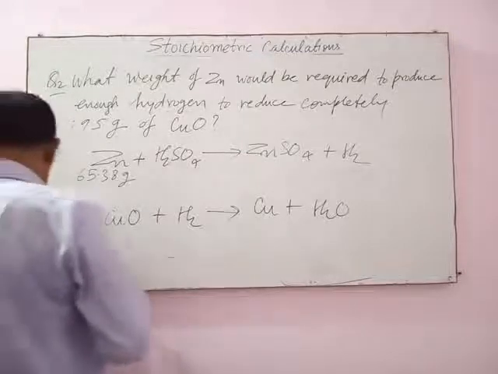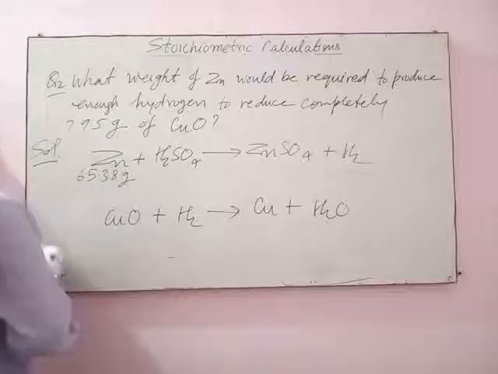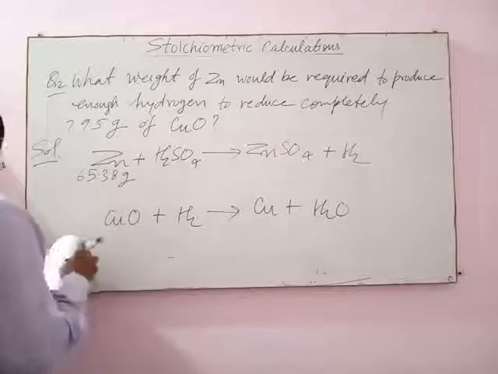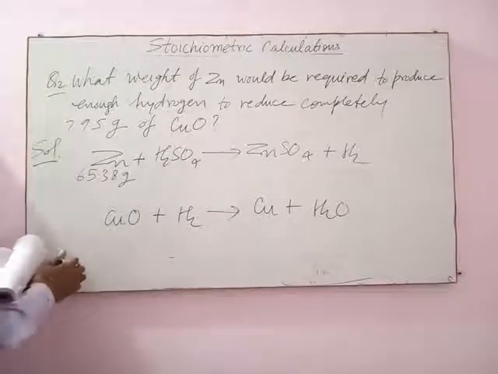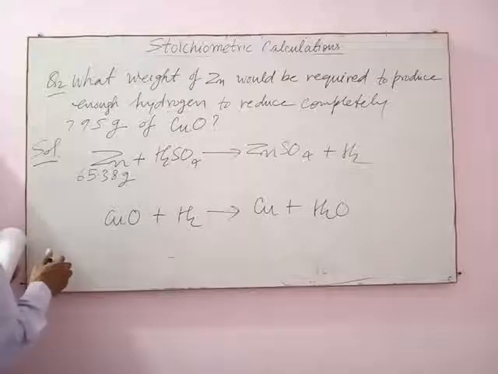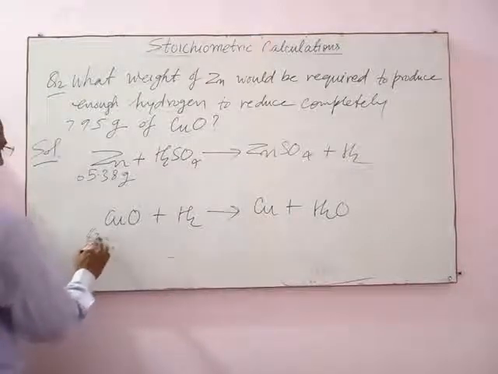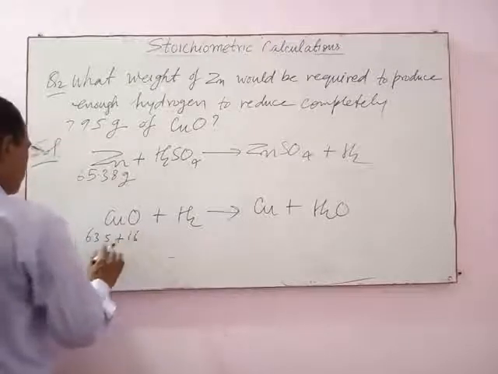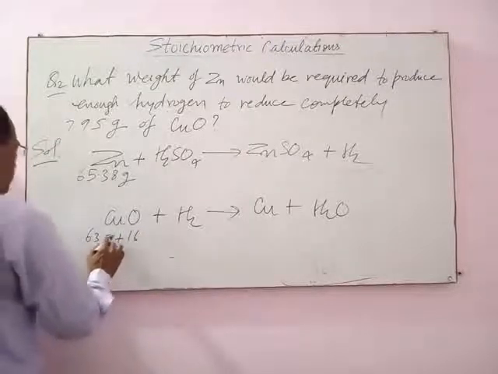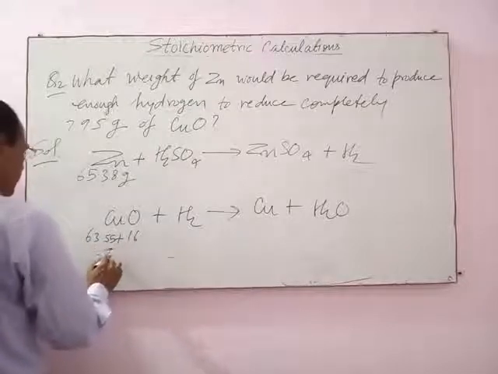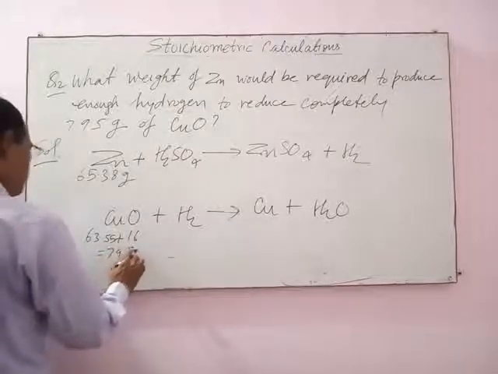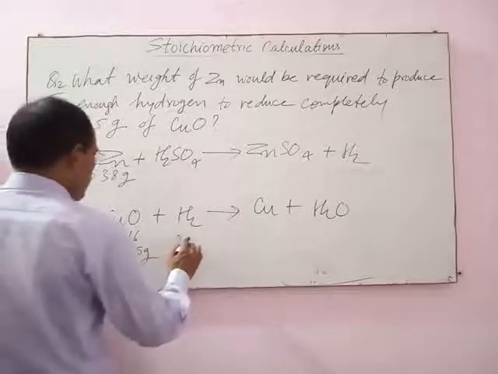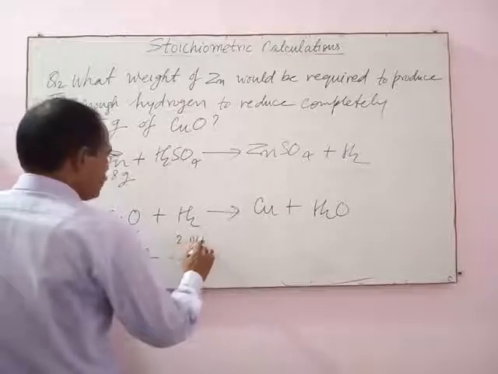And copper oxide, 63.5 plus 16 equal to 79.55 gram, and hydrogen 2.016 gram.